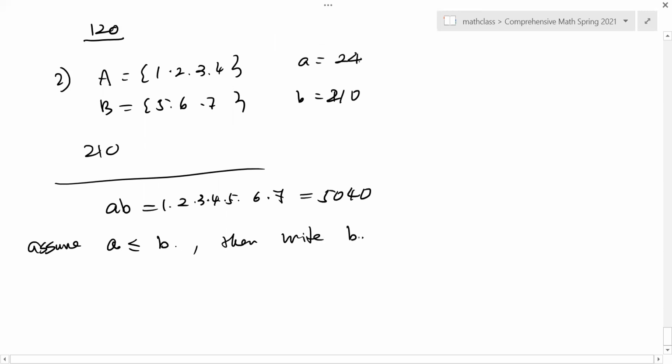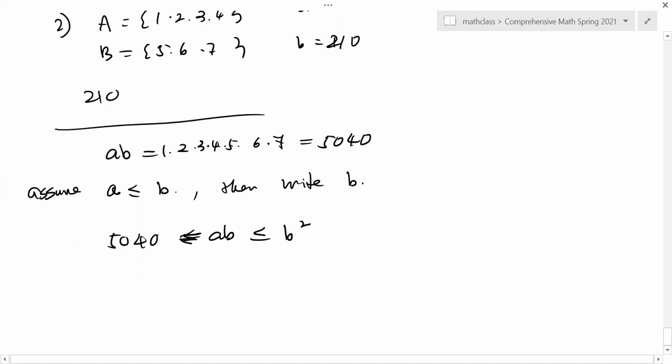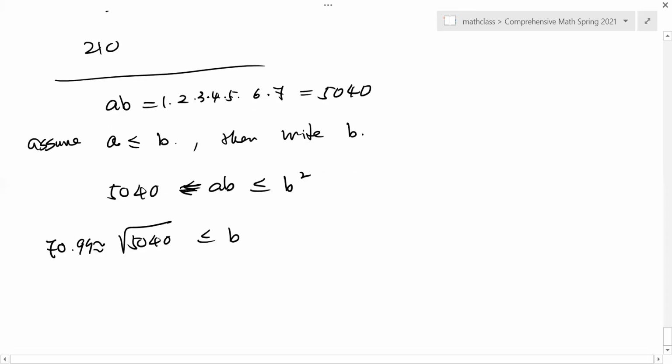You want to find the smallest possible value for B. So 5,040 is less than or equal to B squared, because it's A times B. Then B is going to be at least the square root of this, so this is about 70.99, almost 71.